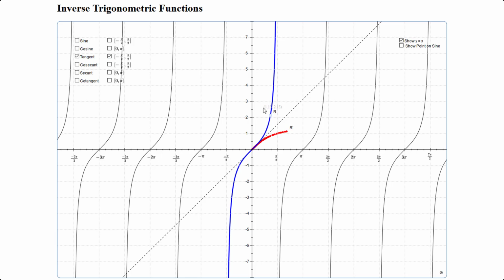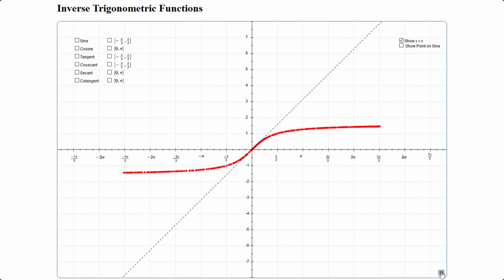And if I map all the points on that interval, I get a graph that looks like this. This would be the graph of my arctangent function. It actually extends from negative infinity to positive infinity, but I can certainly go all the way up to positive infinity.